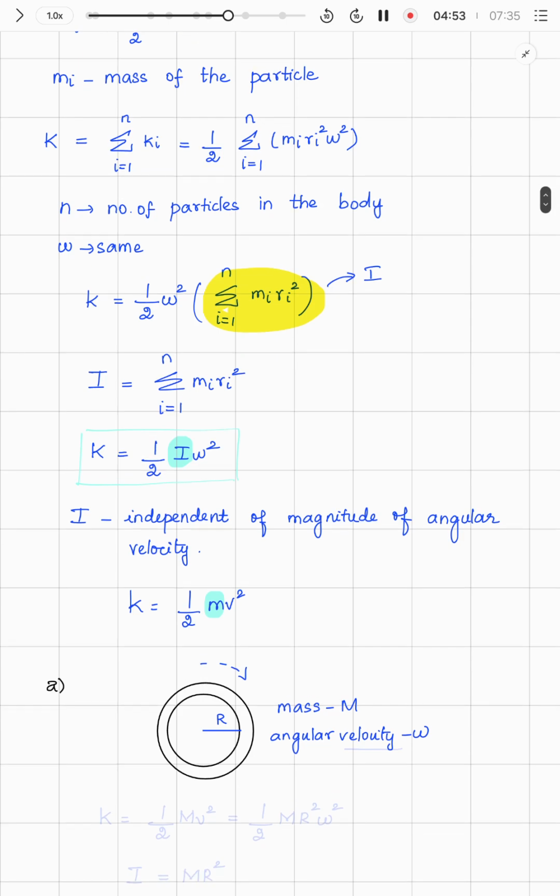Then the kinetic energy can be given as half into mv square, where the mass is capital M and velocity v square. Instead of this velocity, we can substitute v is equal to r omega, so we get r square into omega square. So the value of moment of inertia I here will be capital M r square.